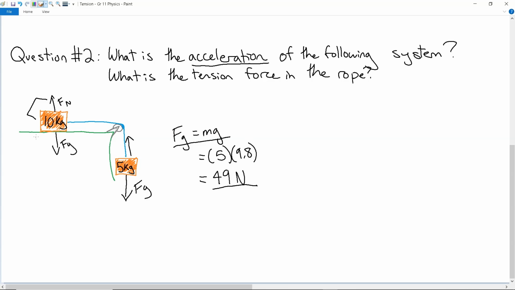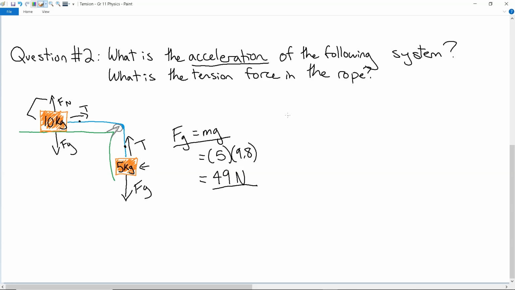There isn't any friction, so we don't have to worry about that. Here we would also have a tension force from the rope. And the tension here and the tension here will be equal to each other because the tension across a rope is the same. But we can't necessarily just assume that it's the same as our force of gravity from this mass. Anyways, I am getting ahead of myself.